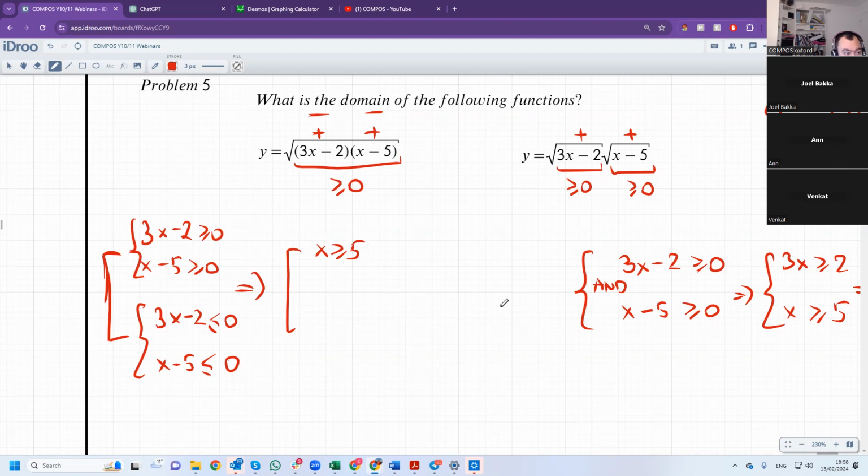We've already solved that. Now this one means x is less than or equal to 2/3, and x is less than or equal to 5. So if x is less than or equal to 2/3 and x is less than 5, then what? If it has to be at the same time, it has to be less than 2/3 and less than 5.